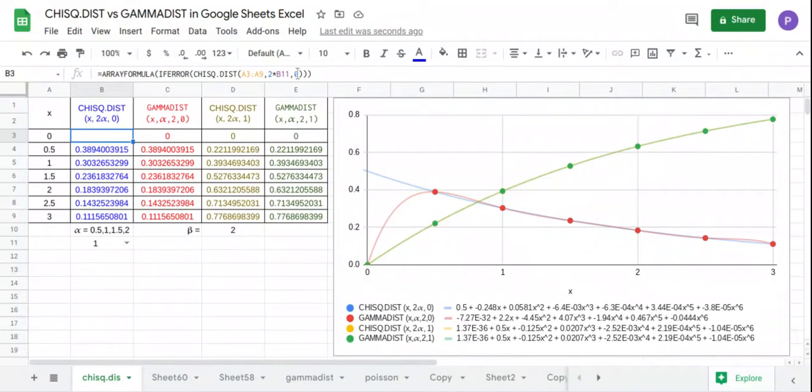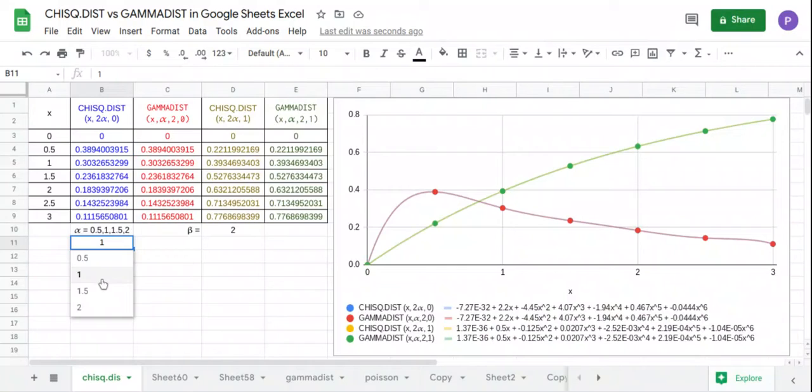So IFERROR, this should be 0. Now it's correct.